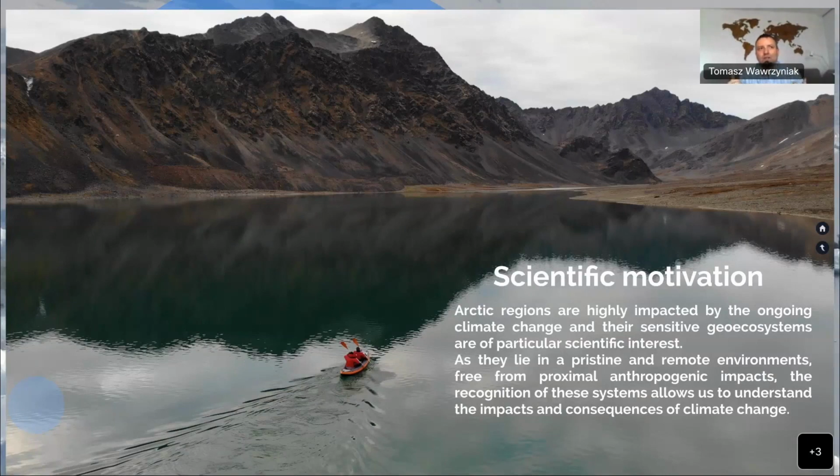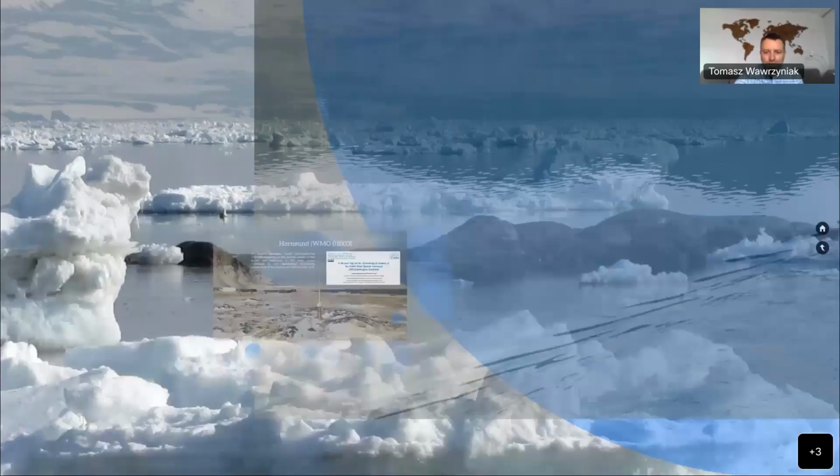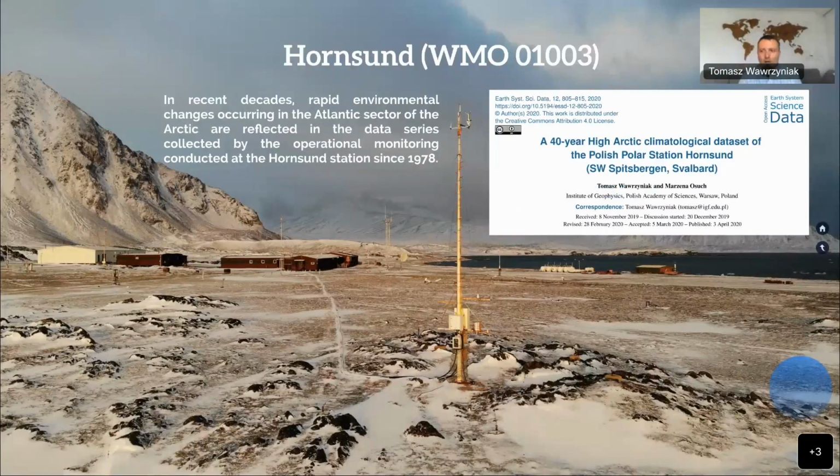So what happens in Europe also influences what's going on in the Arctic. What we try to understand are those impacts and consequences of climate change on the local conditions. In recent decades, we observe warming, and this is something that is proved by our collected data. Data collected by meteorologists at our meteorological station.